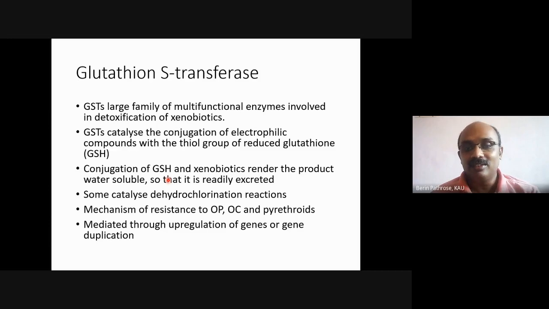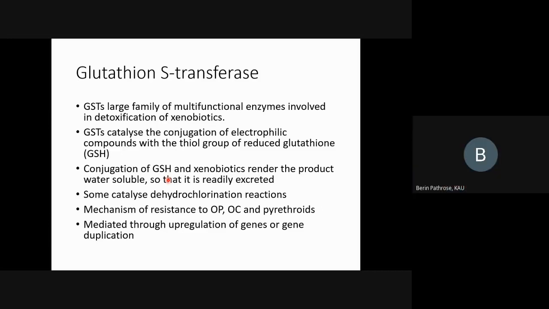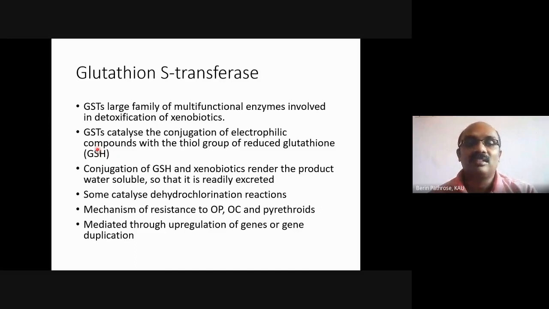This glutathione transferase is a large group of enzymes, and it detoxifies a large group of toxicants. Every organism has a molecule called reduced glutathione. You can see it over here, GSH, which is nothing but reduced glutathione. As you can see, there is a thiol group, a sulfur group.